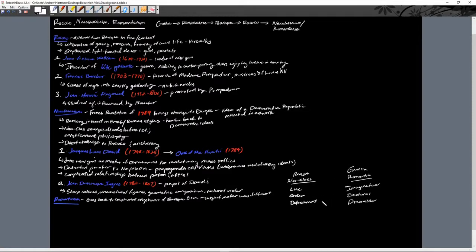And we also see exotic or melodramatic elements in romantic style art, right? And then they used natural wonders as a lot of their inspiration, or even in the art itself, right?